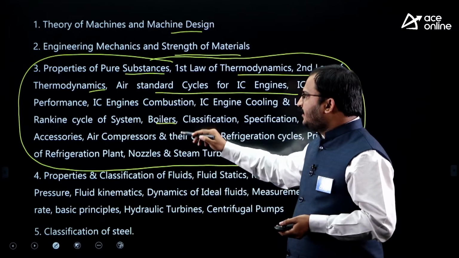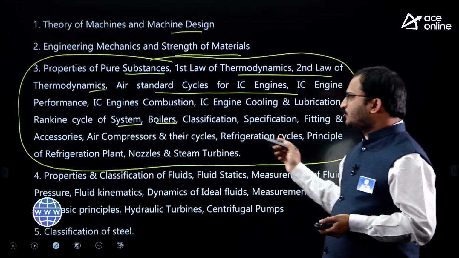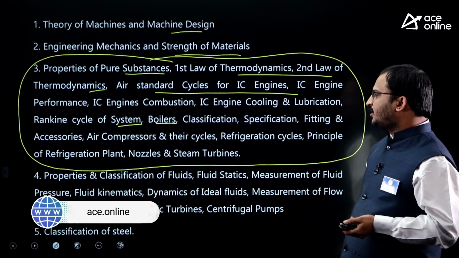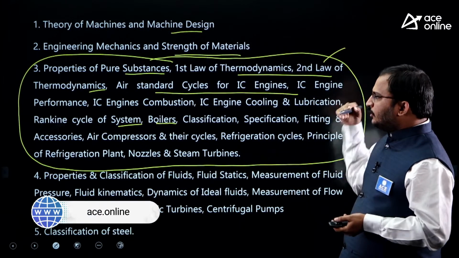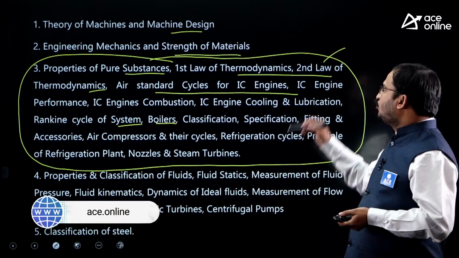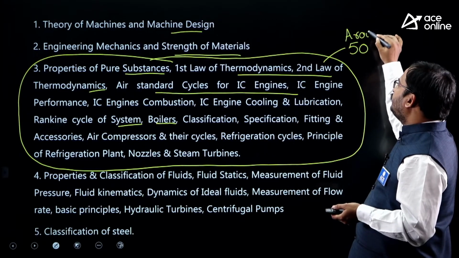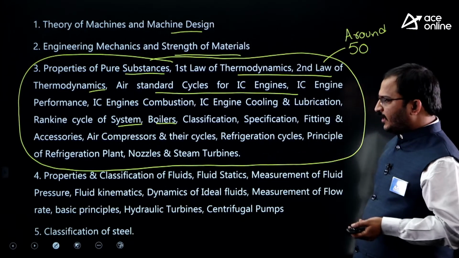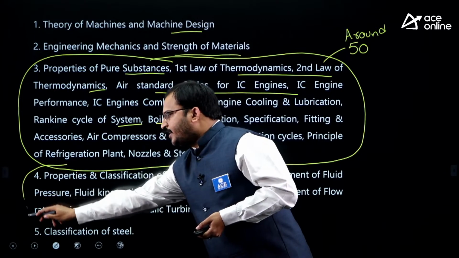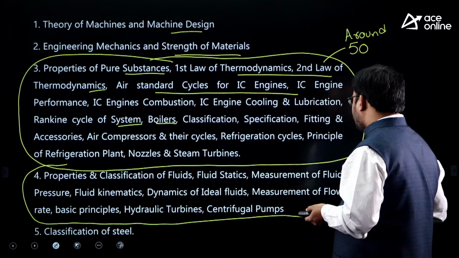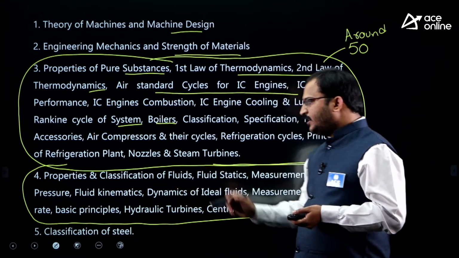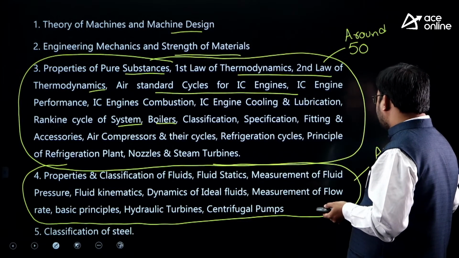Then you have Rankine cycle, boilers, classification of boilers, air compressors, refrigeration cycles. So as I have shown you earlier, the majority of the weightage, that means around 50 marks, came from this particular part. Whereas in case of fluid mechanics and hydraulic machinery, you can observe here this is around 30 marks.